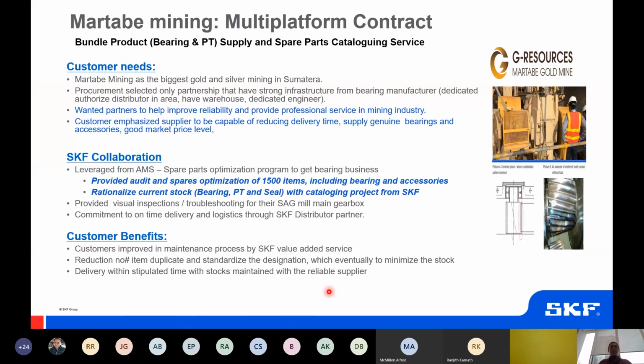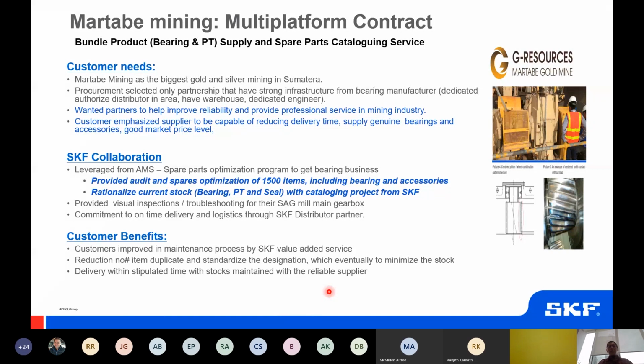Some of the benefits that SKF has delivered previously, like this one for a gold mining company in Indonesia. It's one small project collaborated with the customer. We only did the audit and spare optimization for 1,500 items, only for bearings, PT and seals.